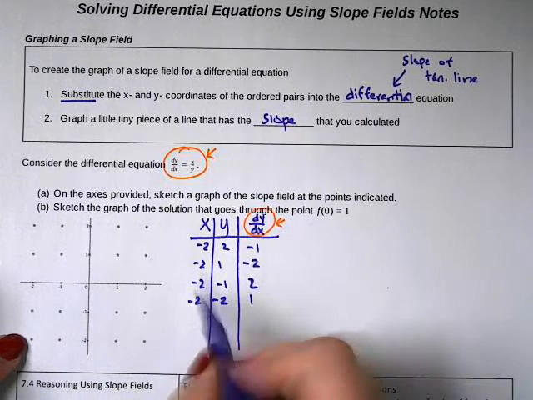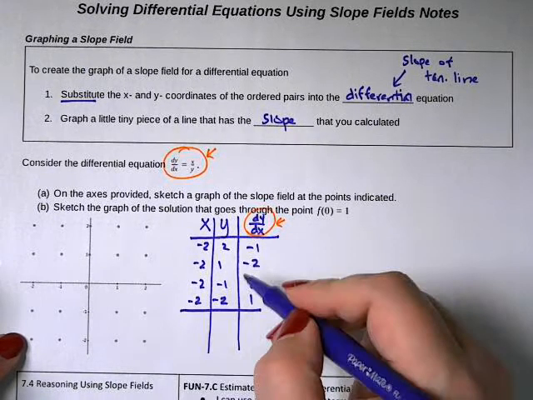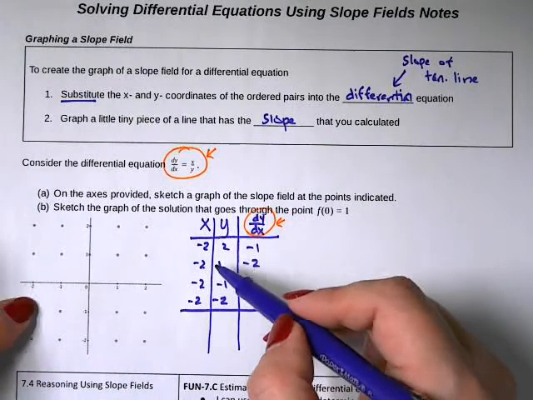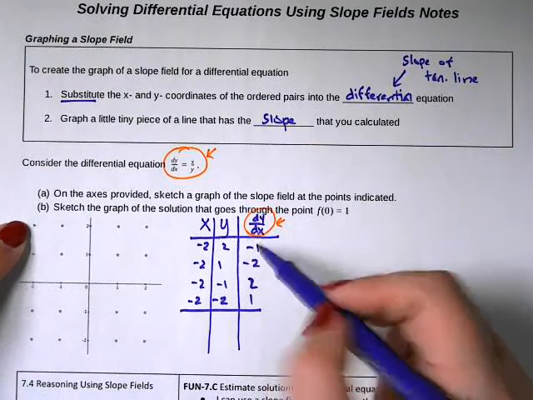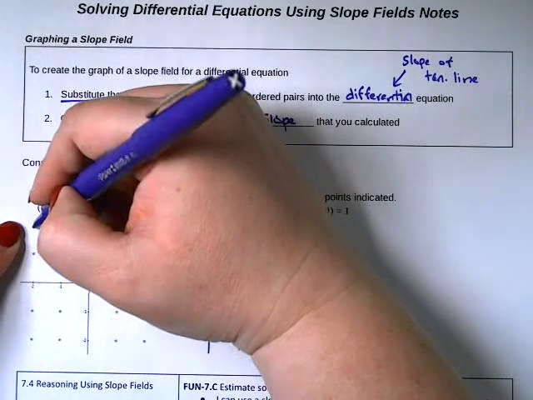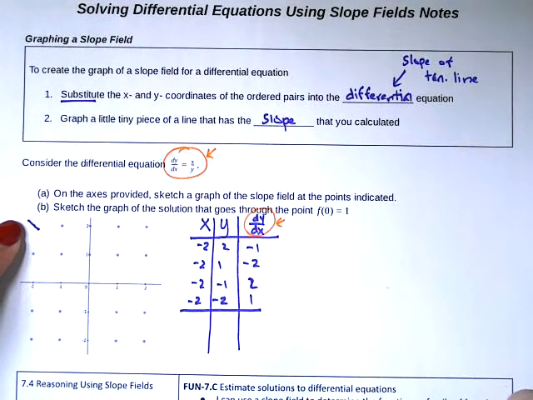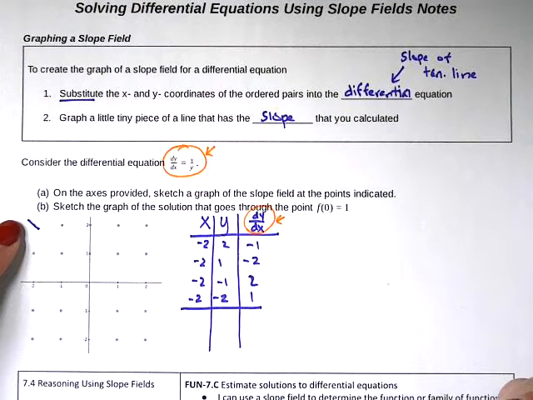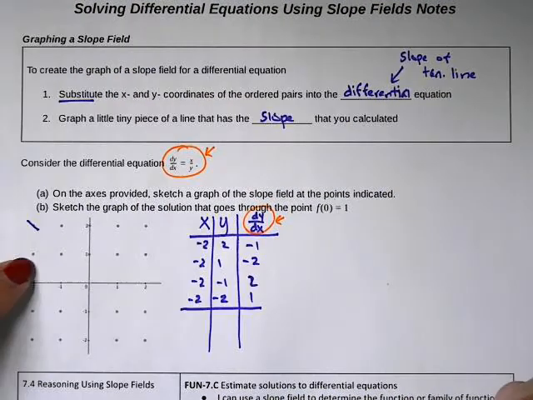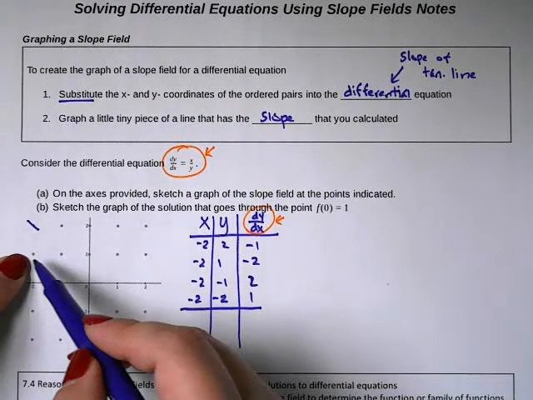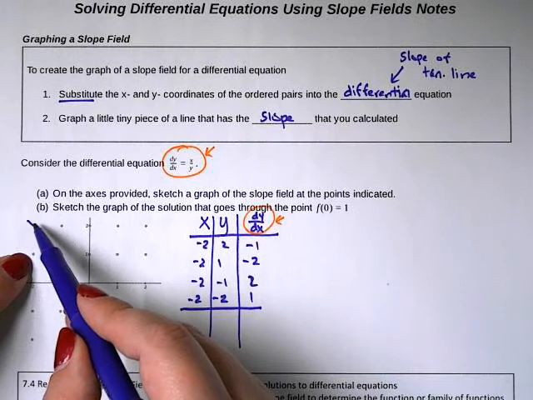So what that would mean, I'm going to go ahead and draw these 4 on the graph right away. The point (-2, 2) has a slope of -1. So I'm just going to pretend that I'm drawing a line through it that has a slope of -1. Then the point (-2, 1) has a slope of -2. So it needs to go through this point and have a steeper slope than that one.